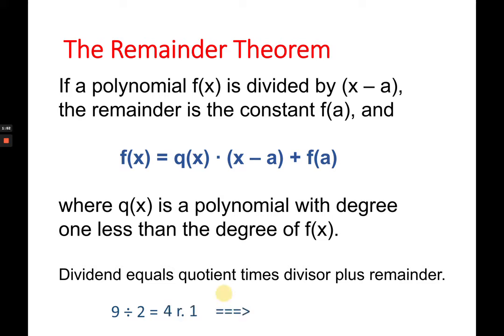Dividend 9 is equal to the quotient 4 times 2 plus the remainder 1. But since we're dealing with polynomials, let's see how we deal with the remainder theorem. This example is simple arithmetic.